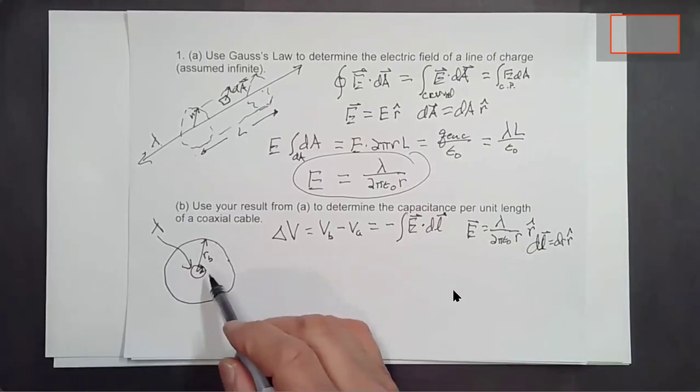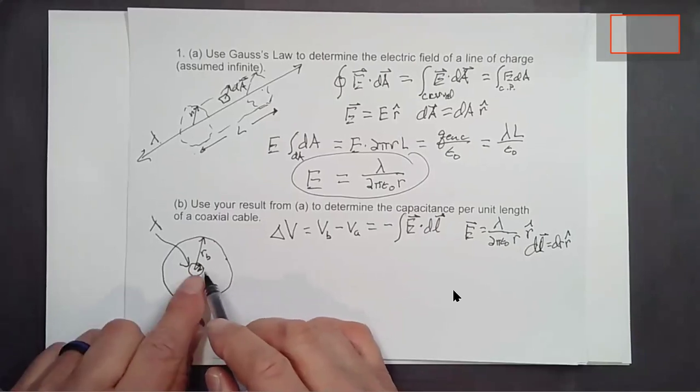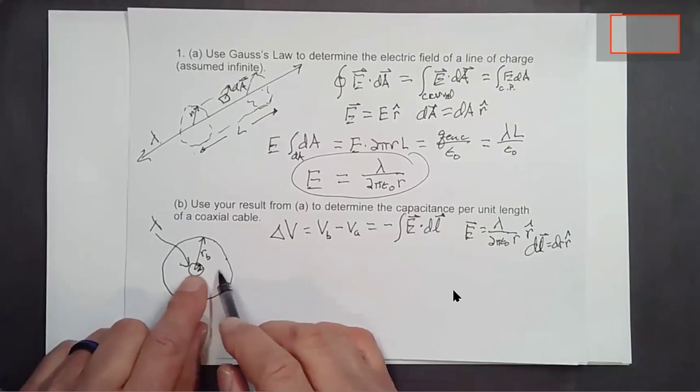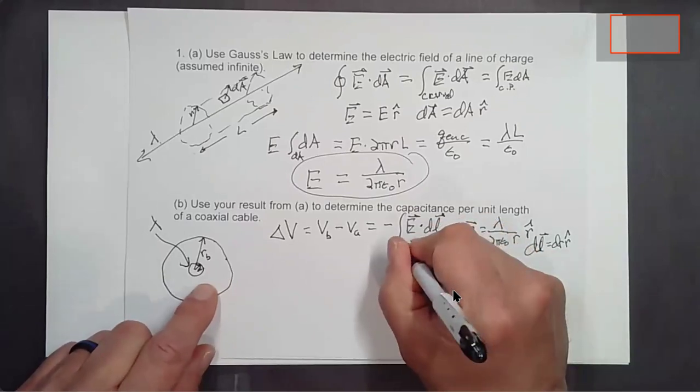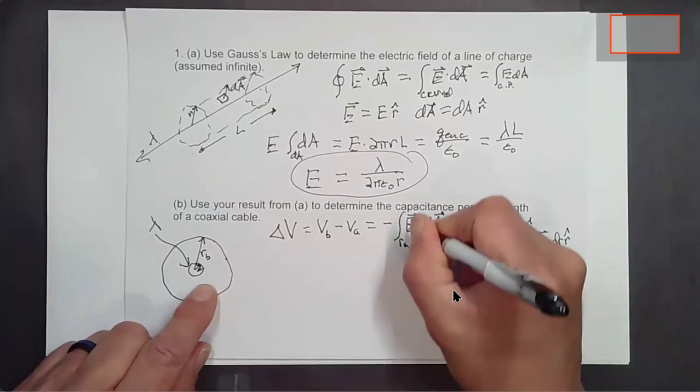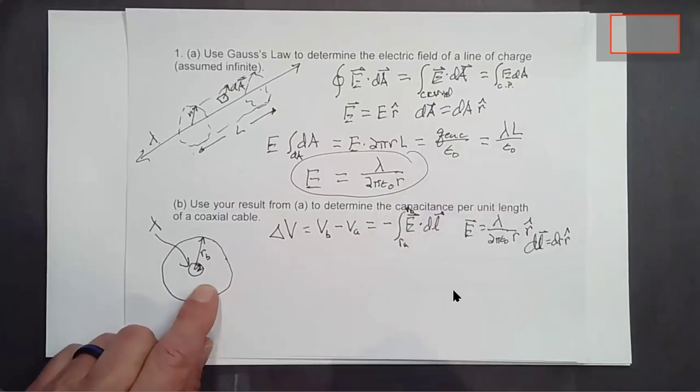So it doesn't matter what path I take, but I'll just go straight line from the inner conductor to the outer one. And I should have had my limits on here. I'll have r_a and r_b for the limits of integration.